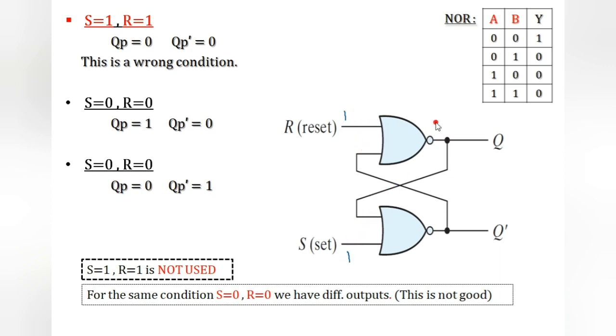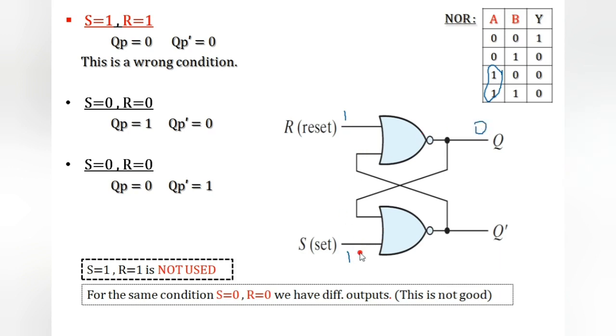We don't know the second input. So observe this. One input is 1. We don't know the second input. Whatever the second input may be, the output is 0. Listen carefully. So if it is 0, it results 0. If it is 1, it results 0. So whatever the second input may be, it results 0.